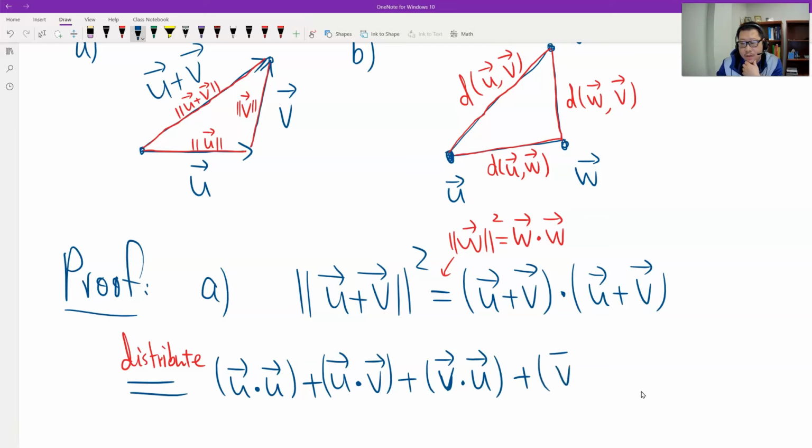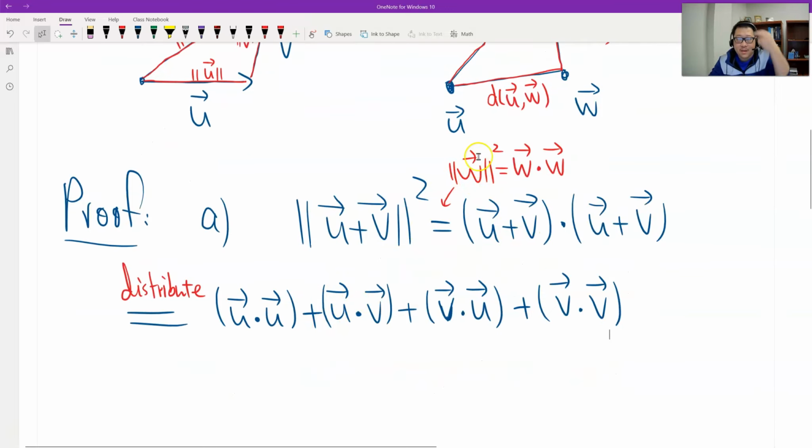So plus v dot v, four terms, and then again we use this same result: u dot u equals the vector dotted with itself, which equals the square of the norm.